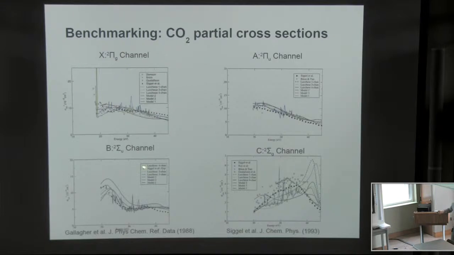Looking at B, here we can see in channel B some more significant differences between our three models, and what we can see is that the low energy resonance position is worse for model 1, starts to improve for model 2, and gets even better for model 3.